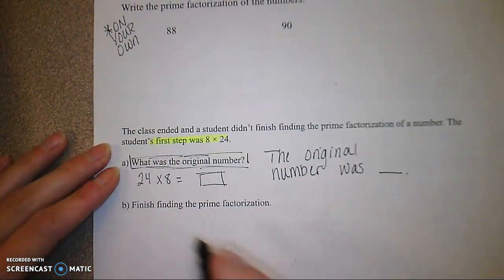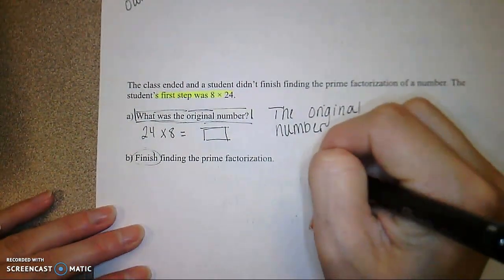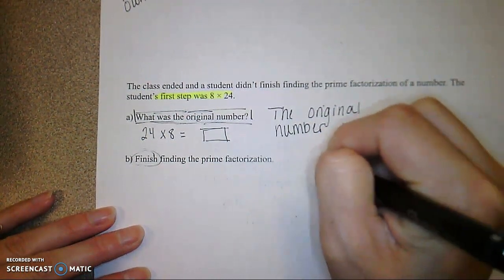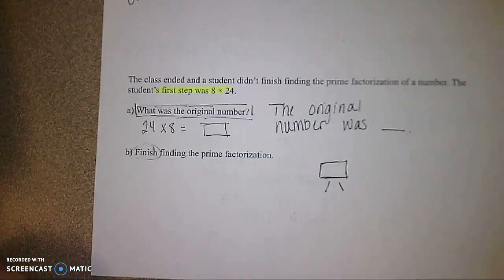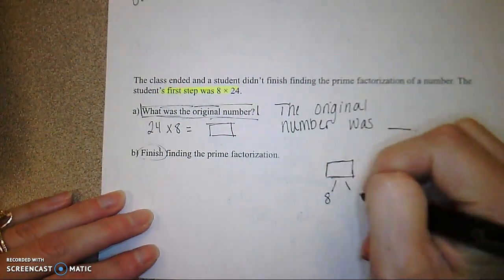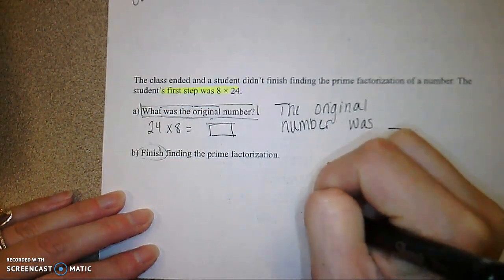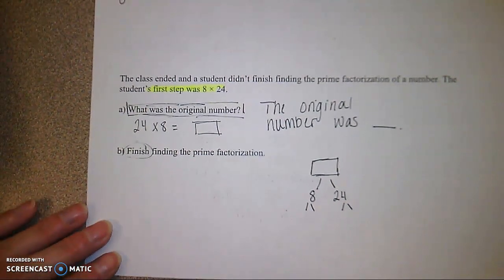Then you're going to finish finding the prime factorization. So you're going to take that original number, start with that at the top, okay, and then you're going to put your first step. They used 8 and 24, and then just continue from there until you have your prime factorization.